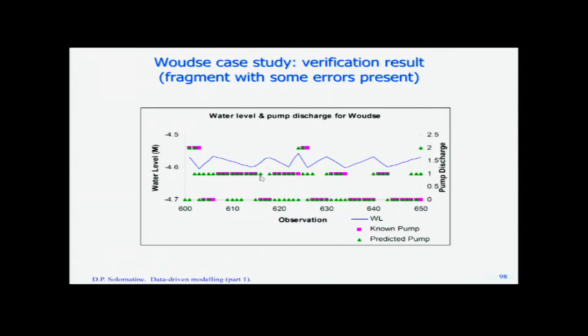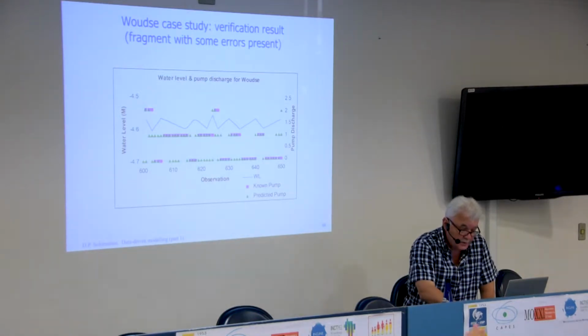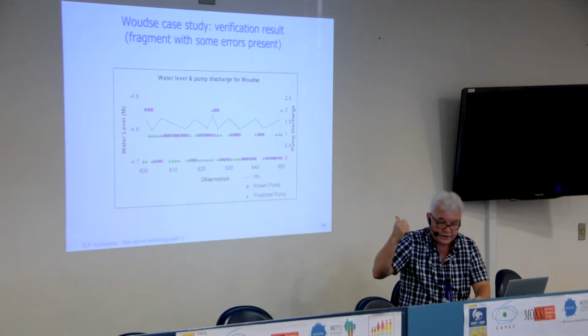So you see that known pump status, for example, here was don't switch the pump, but predicted pump was saying green, switch on the pump. So here you can say classifier error, yes, and this is life. So always models make some mistakes. Okay? In this case, we use training set and test set. So this is on the test.